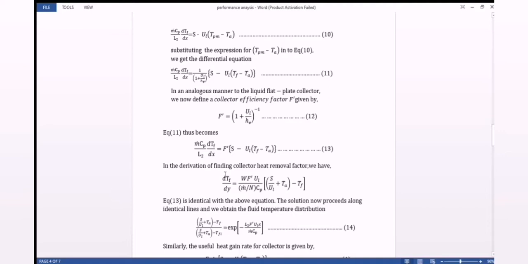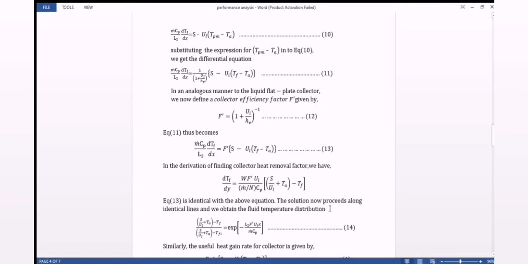In the derivation of finding the collector heat removal factor, which we already studied, the rate of change of enthalpy of the fluid flowing through the control volume is given by dTf divided by dy, which is equal to W F dash UL divided by (m dot divided by n into Cp) into (S by UL plus Ta minus Tf).